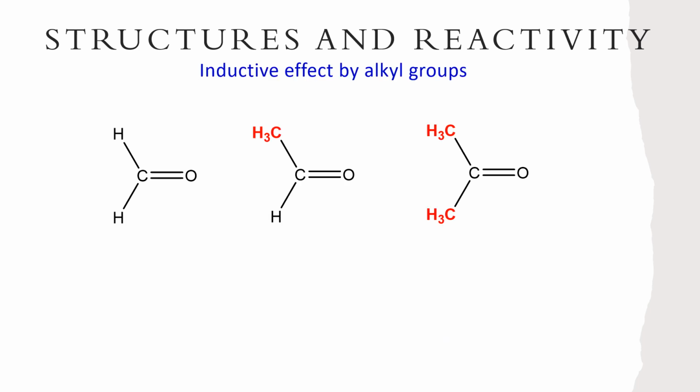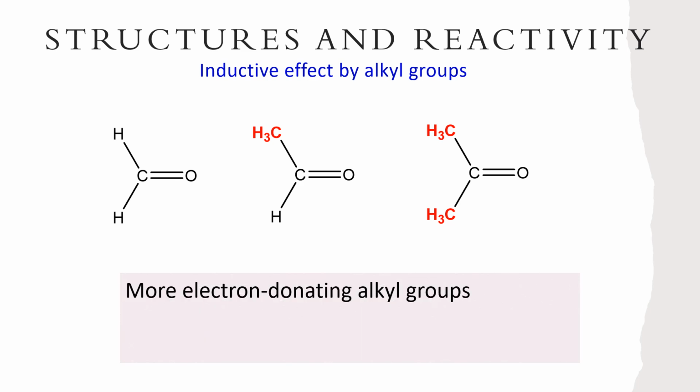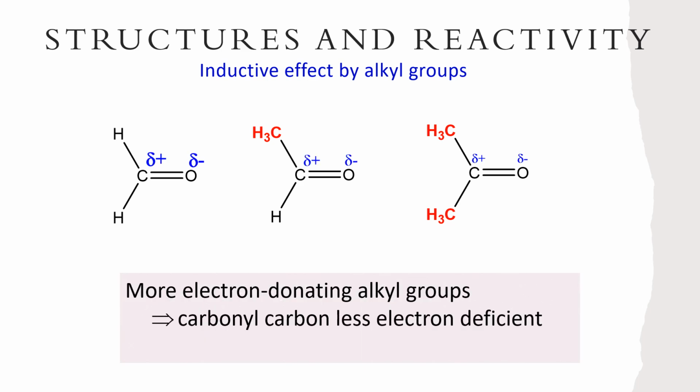Methanal is the smallest aliphatic carbonyl compound. It has no alkyl group bonded to its carbonyl carbon. Other aliphatic aldehydes have one alkyl group, whereas aliphatic ketones have two. With more electron-donating alkyl groups, the carbonyl carbon will be less electron deficient.